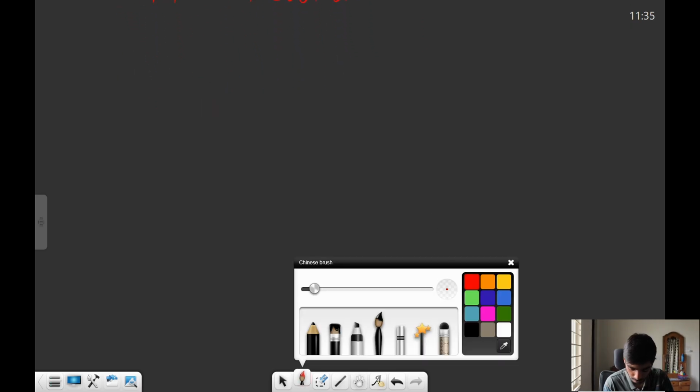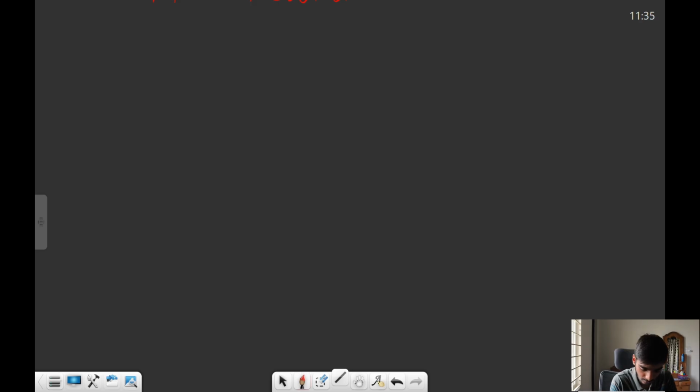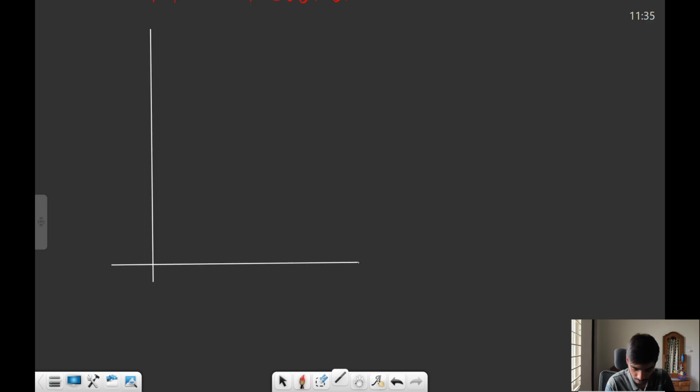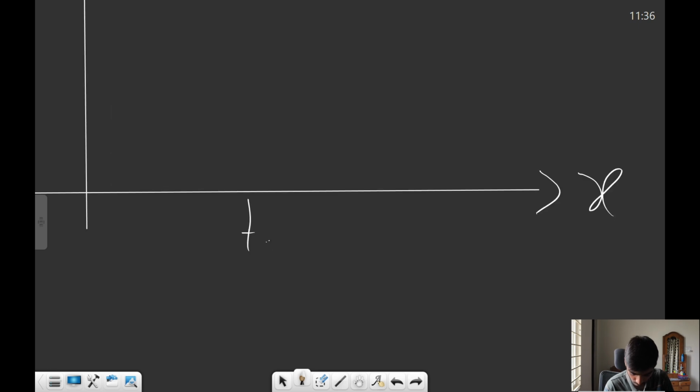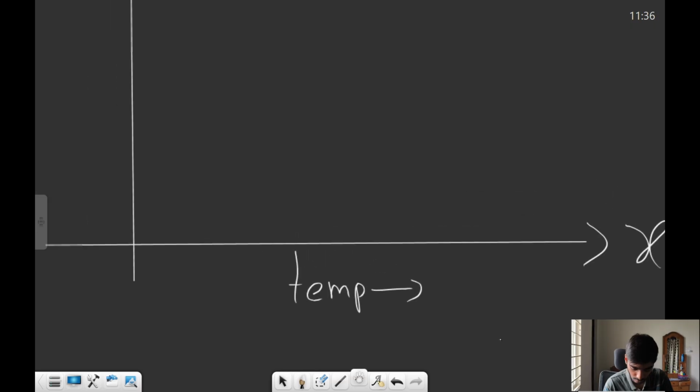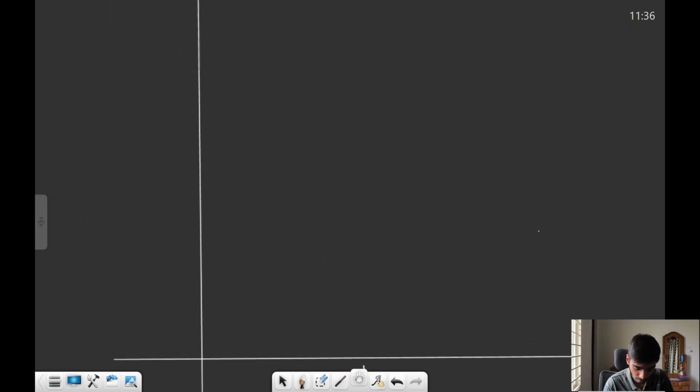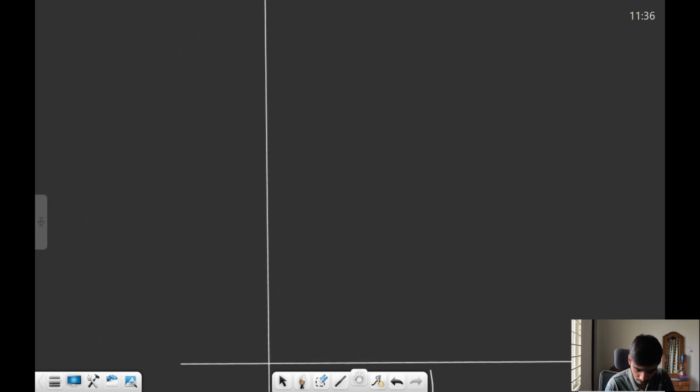Let's plot the same graph again. Consider the same planes, the x-axis and the y-axis. On the x-axis, we'll have temperature, and on the y-axis, we have sales.